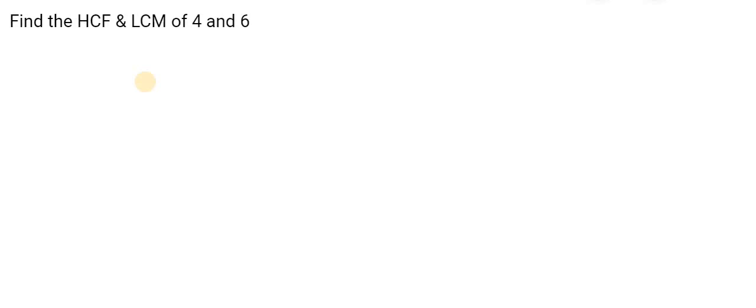Okay, now we're going to go into finding the HCF and the LCM of some numbers. Now, we want to find the HCF and LCM of 4 and 6. So, this is what we do.